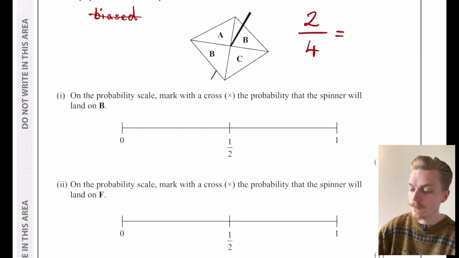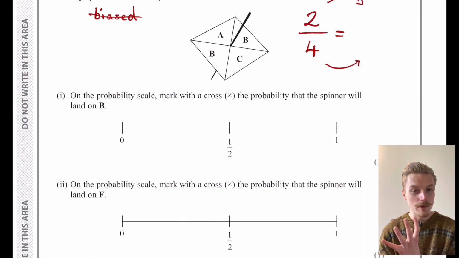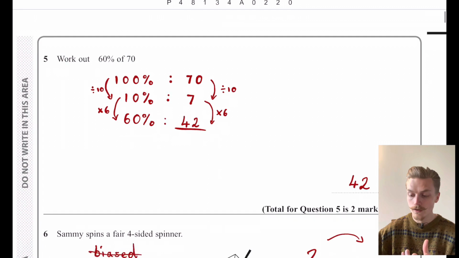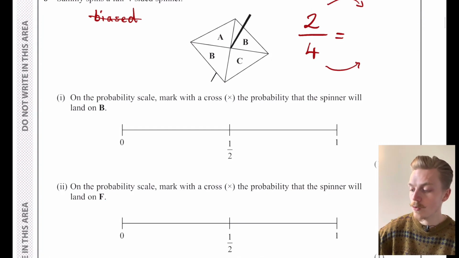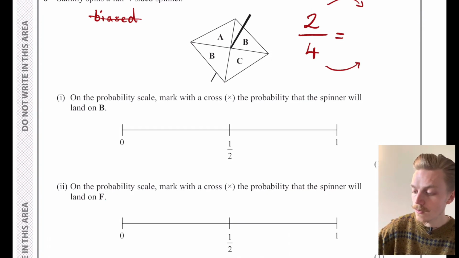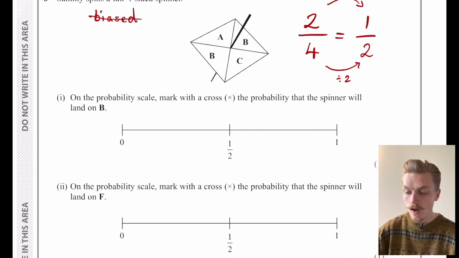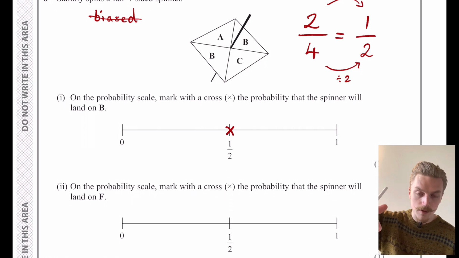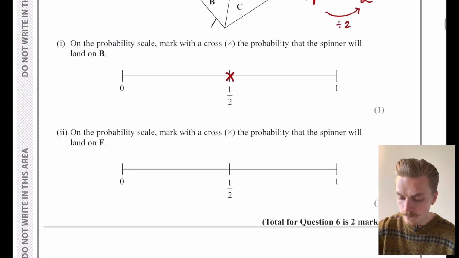And if I just simplify that down, it's again using that same process of multiplying and dividing top and bottom, same as what we did above with this ratio. 2 quarters, if I halve the top and I halve the bottom, that gets 1/2, a half. And we can see that on our probability scale. It's right in the middle, it's just there. So that's why we've got kind of a 50% chance of getting B if we spin that spinner. It's got a half chance.